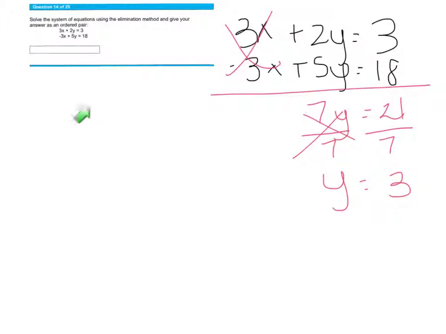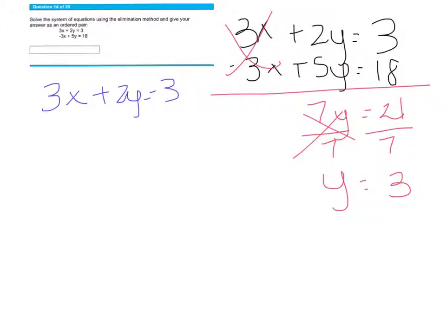That is our solution for y, and with the help of my pointer again, we are going to plug y equals 3 into the equation 3x plus 2y equals 3.